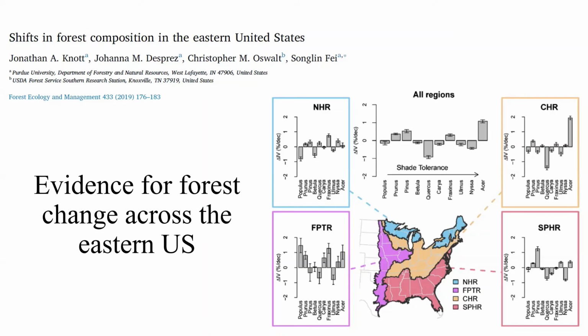We have good evidence that this increase in the abundance and importance of these species often occurs alongside a decrease in the importance of more disturbance-adapted, more xeric species associated with drier conditions. In other words, those that we think of as intolerant or mid-tolerant to shade, including ecologically and economically valuable oak species in particular.